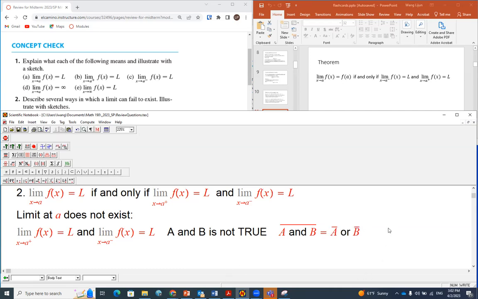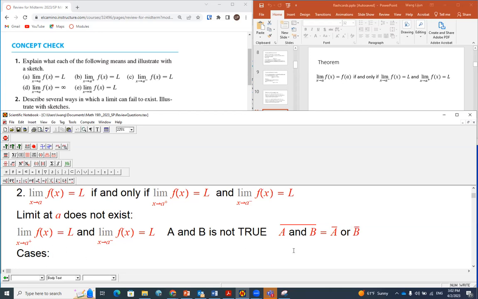Let's see how many cases there could be. It could be that A or B, statement 1 and statement 2, if there's an or case, if one of them is true, then the whole thing is true.